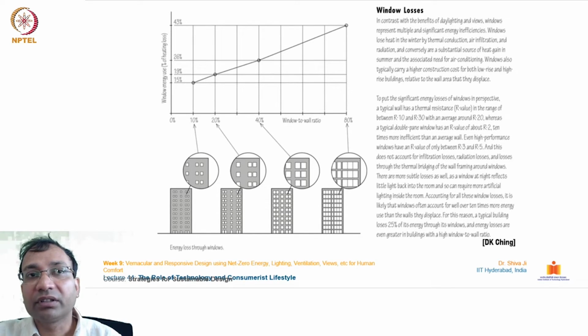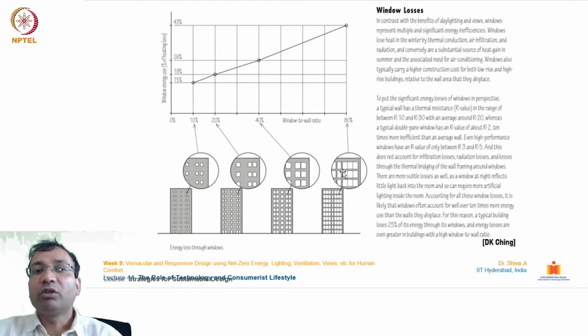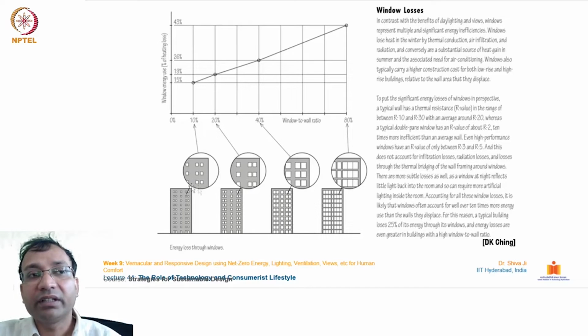Further, let's look at how much is lost through the window. Here on the Y scale is the percentage of heating loss, and on this scale we have the WWR ratio from 0 to 80%. With this illustration you can understand what WWR is about. Here the window panes are huge, the number of panes is more, and the sizes are relatively larger. In this one, the window openings are much smaller. From the window energy usage, it increases from 15% to 43%.